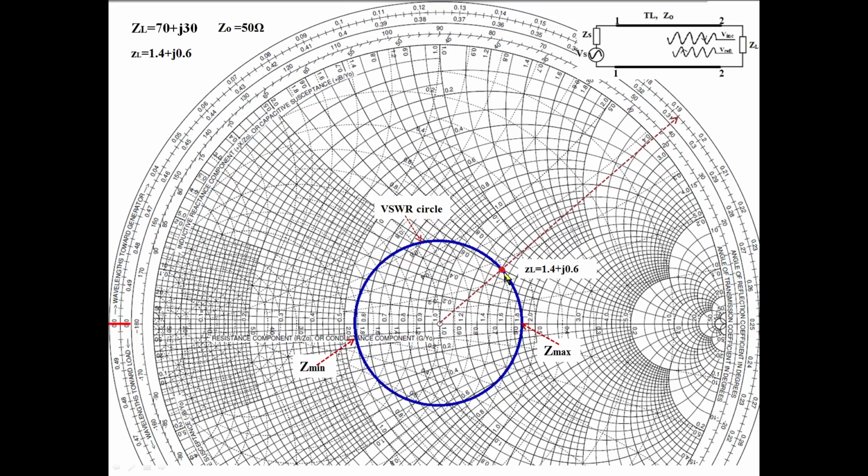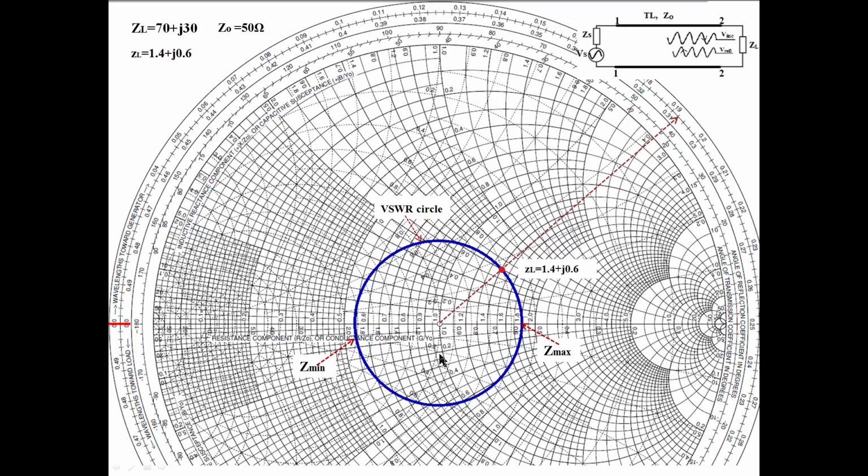After marking the load point, to see this impedance variation, you should draw a circle, taking the center of the Smith chart as the center. This point, 1 plus j0, resistance value 1 is there, it is the center of the Smith chart. Conductance is also 1 and resistance also 1 at this position. The R equal to 1 circle cuts the horizontal line here.